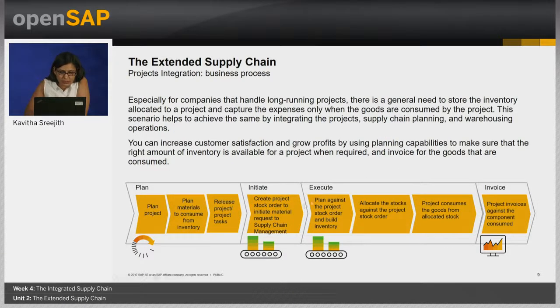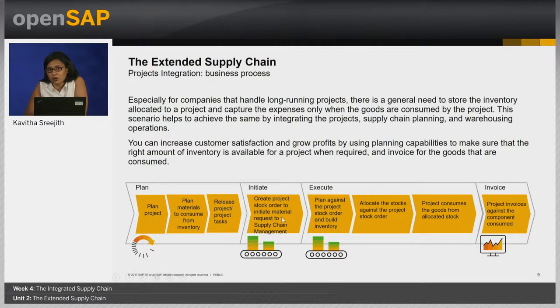The planning project business step enables you to create, plan and structure your project. While planning for the materials at the project task level, you must clearly mention whether a material is tracked and consumed from inventory. In the initiation phase, the creation of project stock order enables you to send the material requirement to the supply chain, requesting them to allocate the materials for the project.